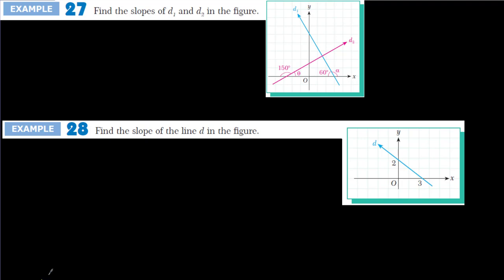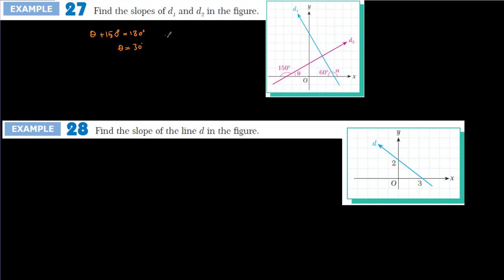Here the angles in the triangle are given. We are going to find the slopes of D1 and D2, so I need to find the angles directly. Since theta plus 150 is equal to 180, theta is equal to 30.